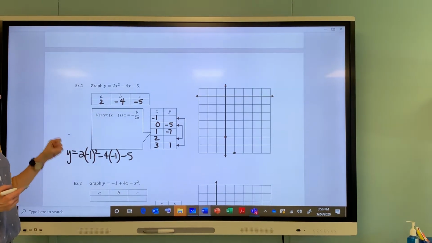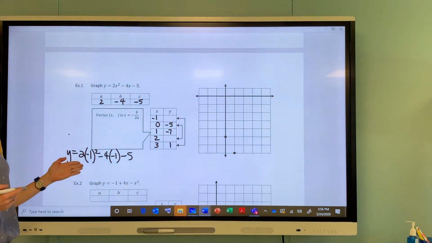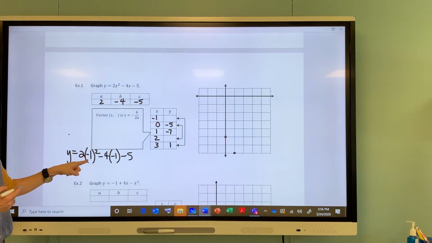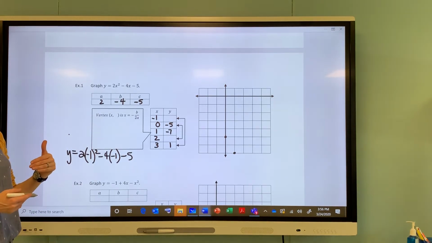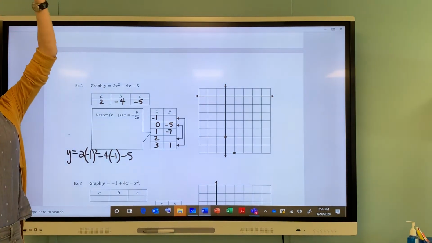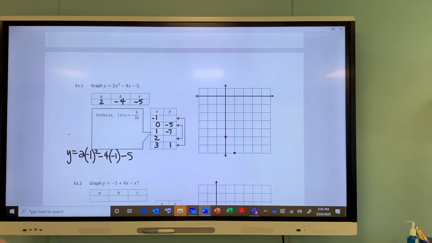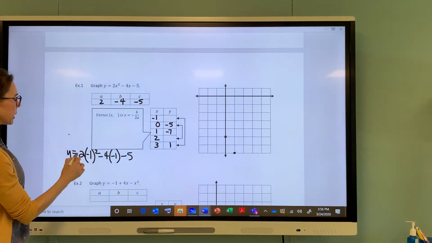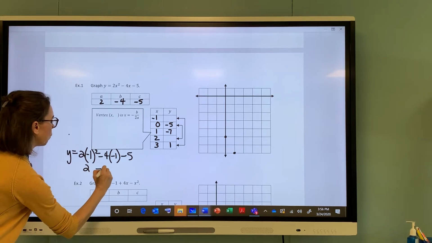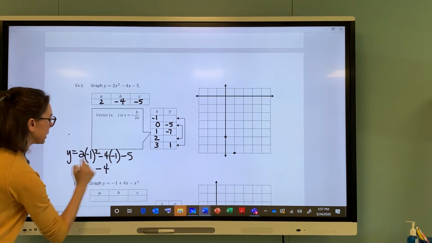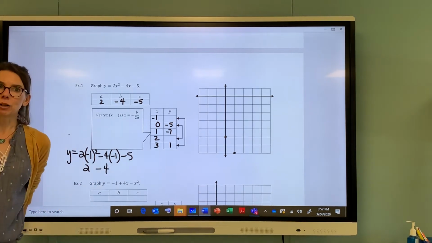Exponents. We have to do exponents before we can do any of this multiplication. So -1 squared. So -1 times -1 is a +1. That's what you guys just said out loud. I know it. So +1 times 2 is 2. Minus 4 times -1 is -4.